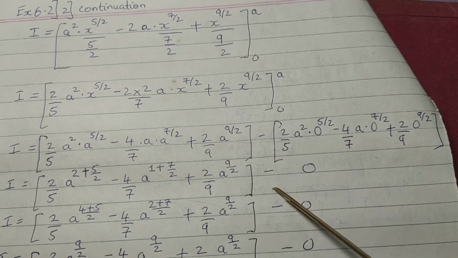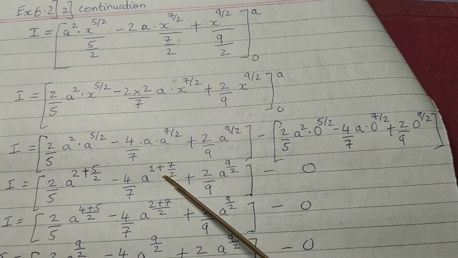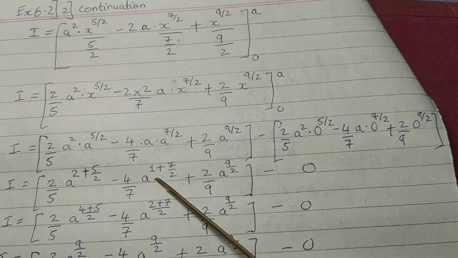Okay, minus 0. Then you have to cross multiply, you have to take the LCM. 2 into 2 you will get 4 on the numerator, the whole upon 2. Now here also 2 into 1 you will get 2 itself, so that is why the numerator 2.